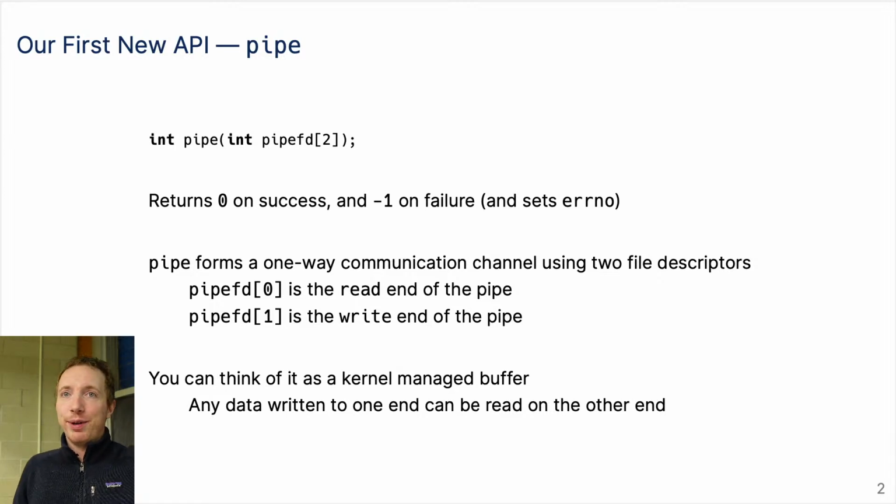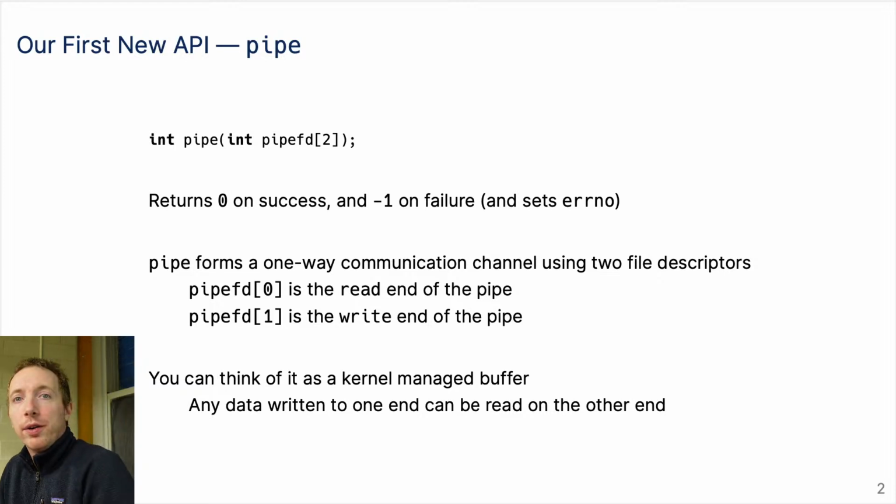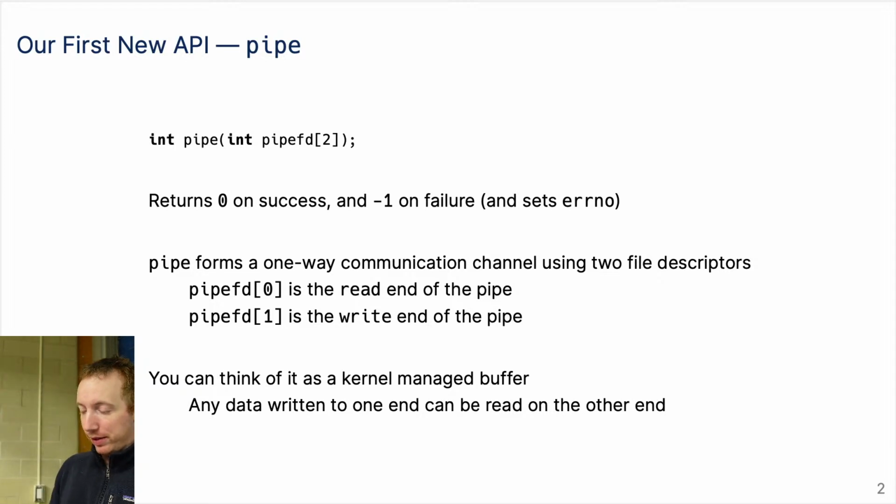So the way this works is any data you write to the write end of the pipe pops out of the read end of the pipe, and you use the write and read system calls just on any old file descriptors. So you can think of this pipe as a kernel managed buffer. Again, any data you write to the write end is going to pop out of the read end, and we'll be able to use this to communicate.